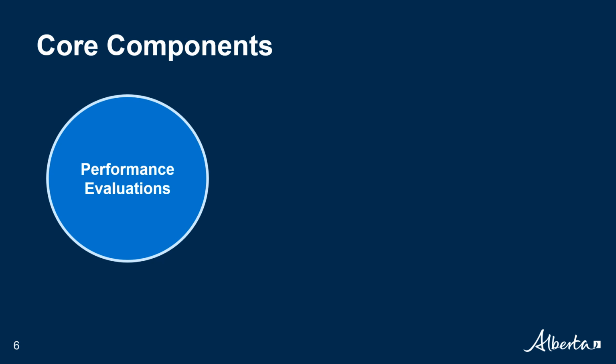The first core component are the performance evaluations, where a vendor's performance is evaluated by the Alberta Infrastructure Project Manager with support from the VPM team. Once a performance evaluation is complete, vendors receive an evaluation result scored between 1 to 5, with 3 indicating that they have met the expectations outlined in the contract and above 3 indicating they have exceeded expectations.